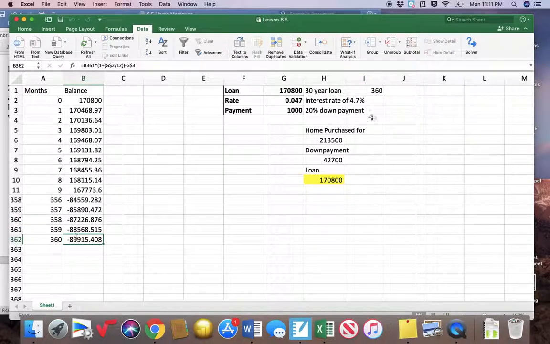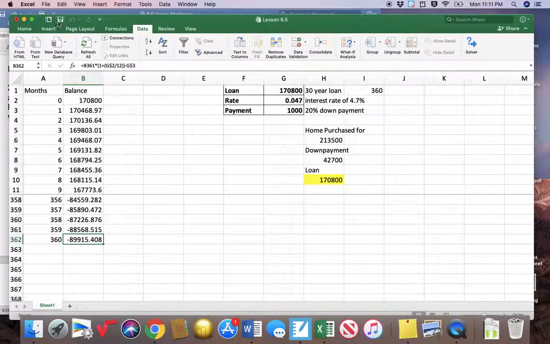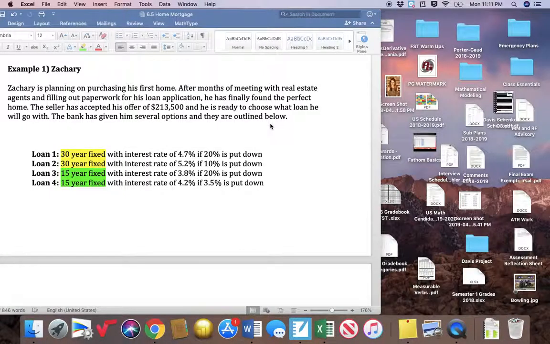All right, let's try it one more time. Solver. My objective is here. I want it to be a my value of is not working. Not good stuff. Okay. So I'll escape, get out of there. Make sure this is saved. I'm going to close it down. I'm going to quit Excel.